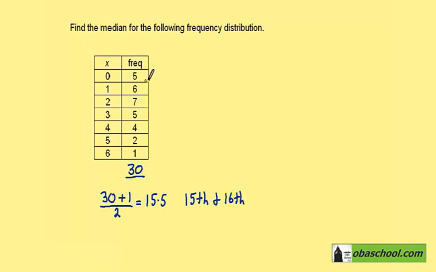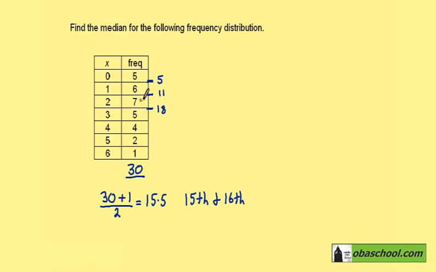We have 5 zeros, followed by 6 ones. So at the end of the zeros we had 5 pieces of data. At the end of the ones we'll have looked at 11 pieces of data. We then have 7 twos, so at the end of the twos we've looked at 18 pieces of data.